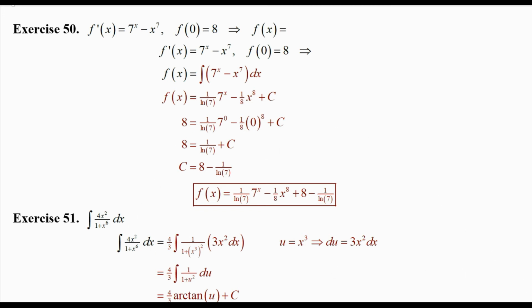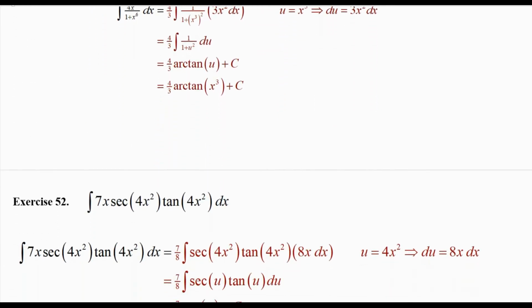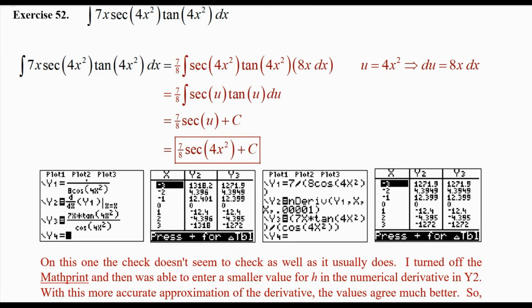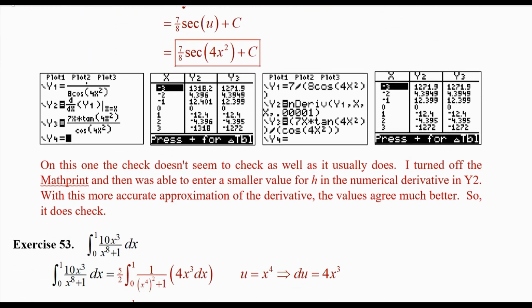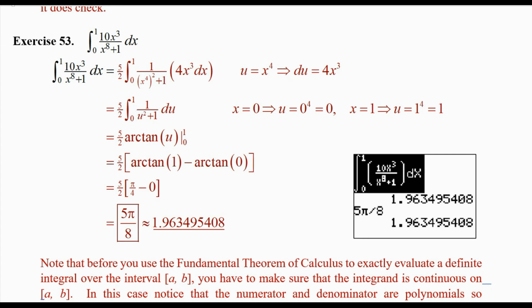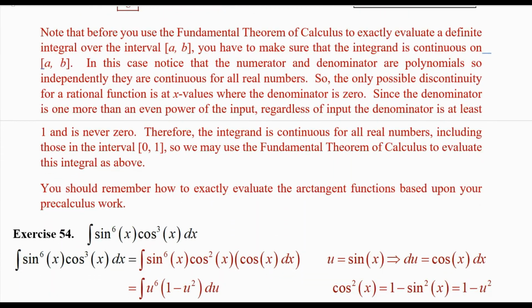And then this one here is a straight substitution. This one is straight substitution. There's another one. So some of these are just straight substitution problems. They're kind of mixed in.